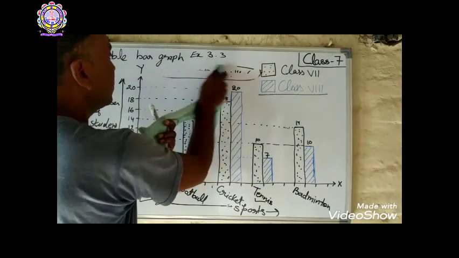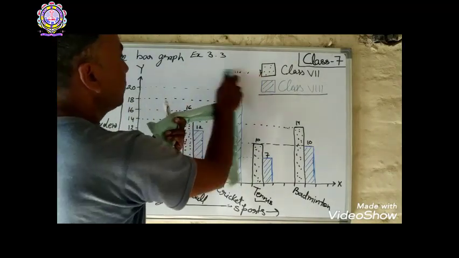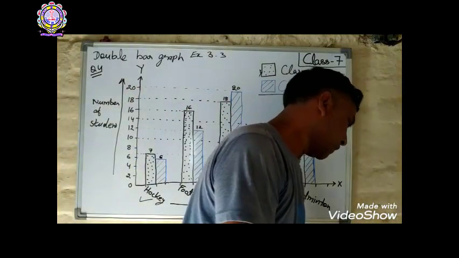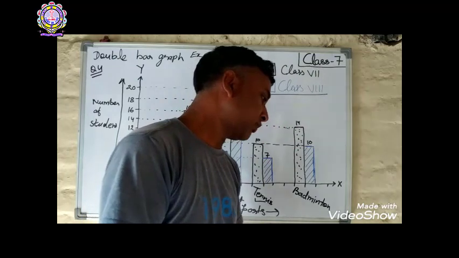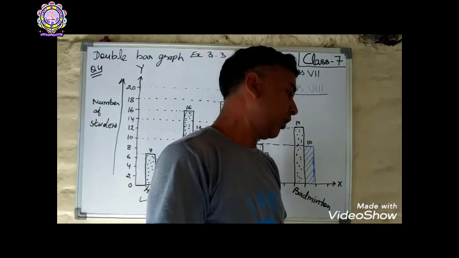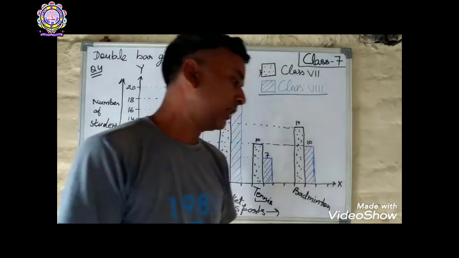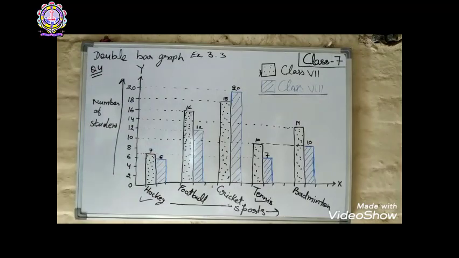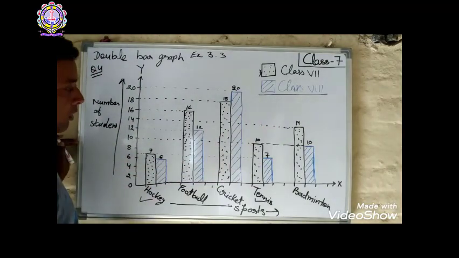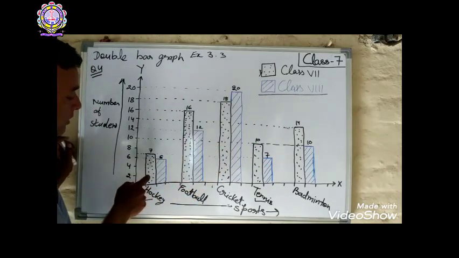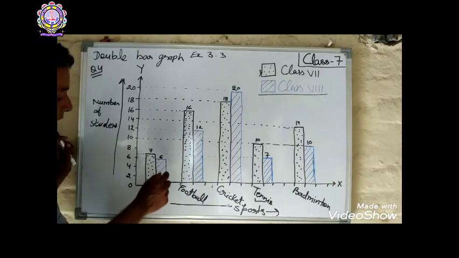And now next question, part D. For which sport is the number of students of class 7th less than the students of class 8th? What are you observing here? You are observing all the double columns. Here is the black, meaning 7th class is greater than 8th class.